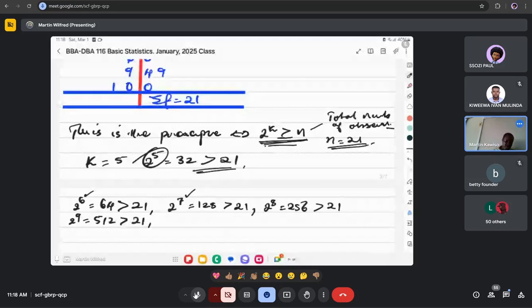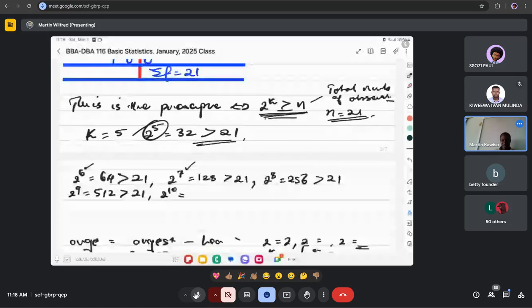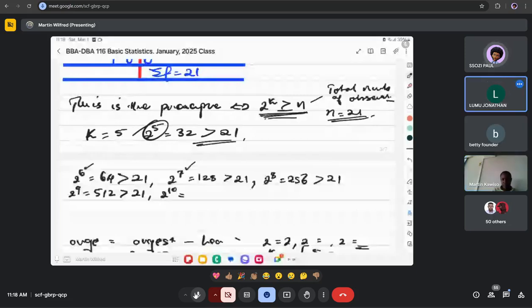our values. Okay? 2 to power 10, what do we get? We get 1024, which is greater than 21.